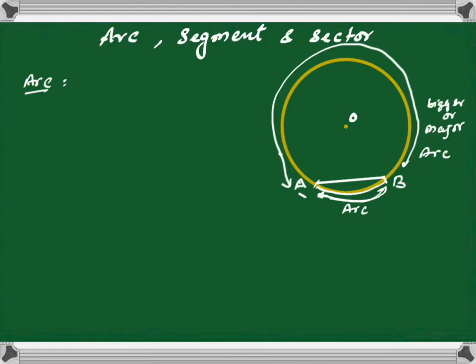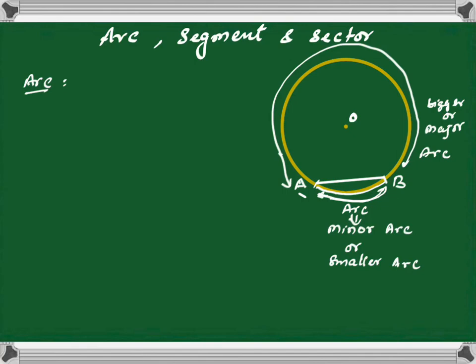This is the minor arc, or smaller arc. So we understand that the smaller part of the circumference, or any part of the circumference, is called the arc.